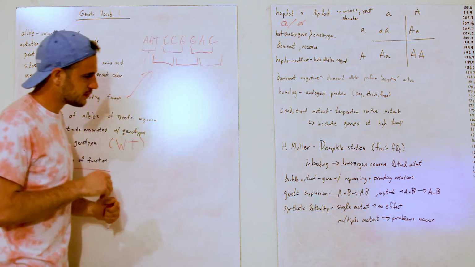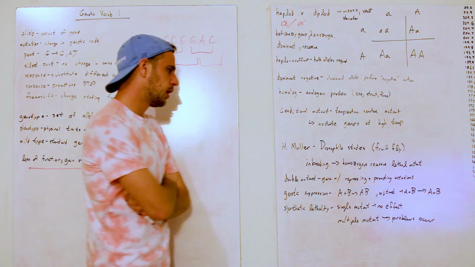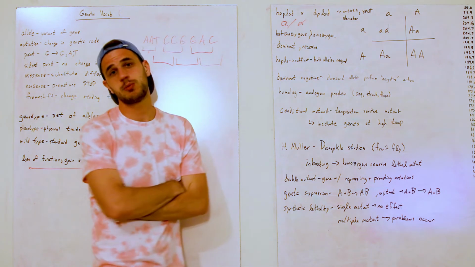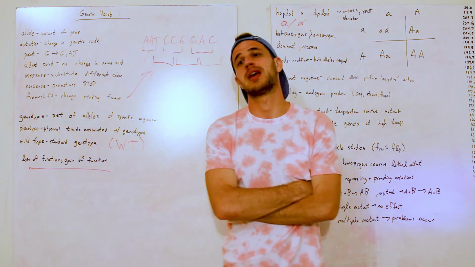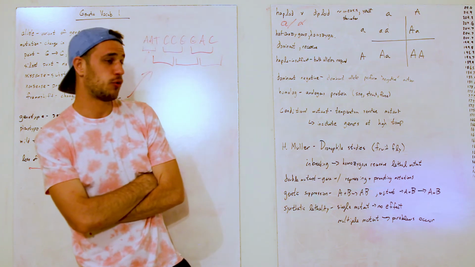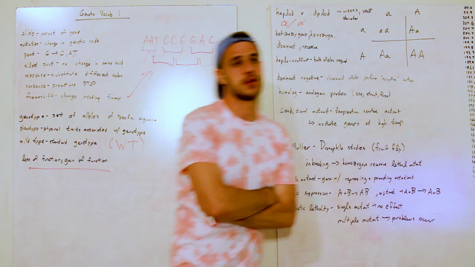So, another type of mutant is a double mutant. Essentially, you have two mutations on the same gene, and when that translates to a protein, you get a protein that has two different functions. It represses one part of its function and promotes the other part of its function.